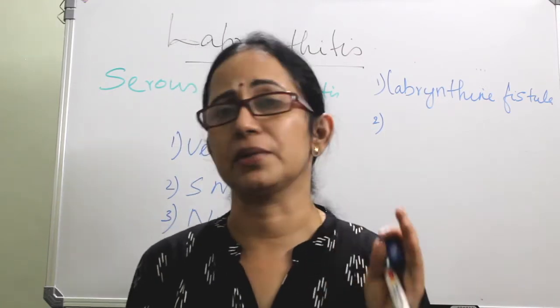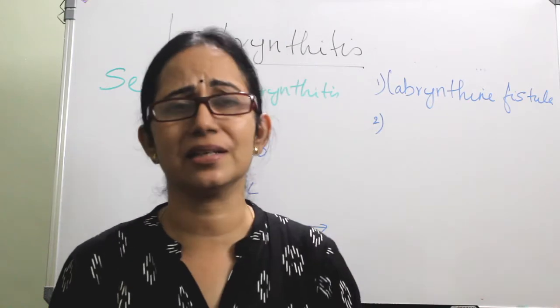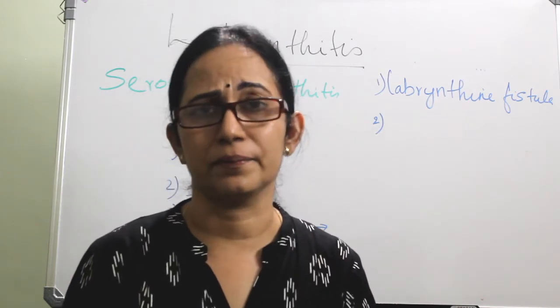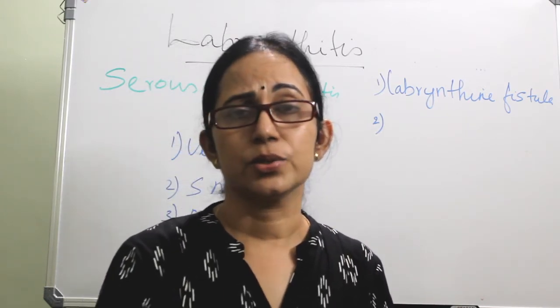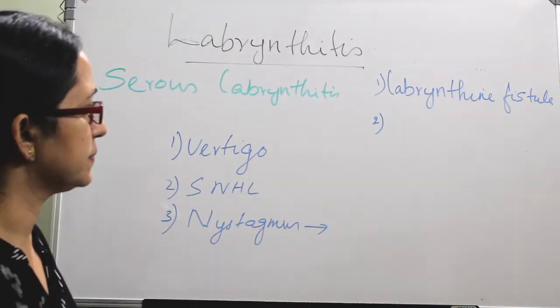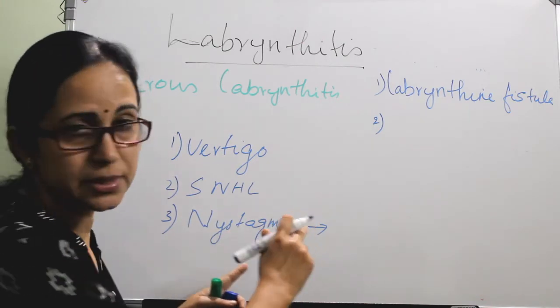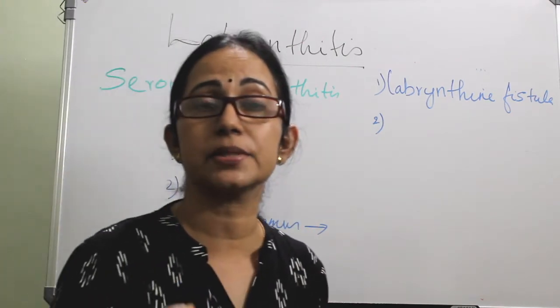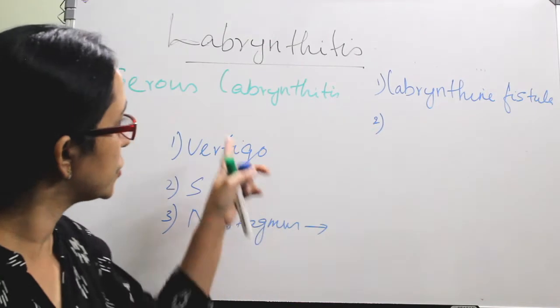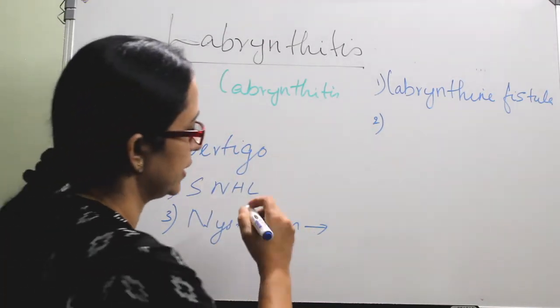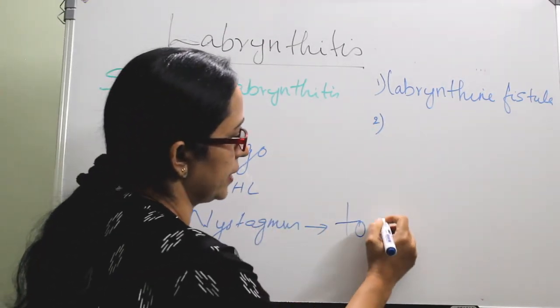You look away. You don't want to see the person who is suffering, right? So this is an irritatory lesion. In nystagmus, the fast component of nystagmus is towards the affected ear. So in an irritatory lesion, the nystagmus is towards the affected ear, right?